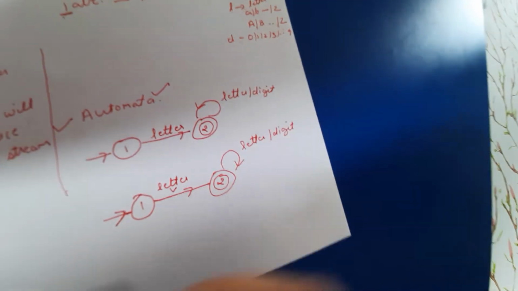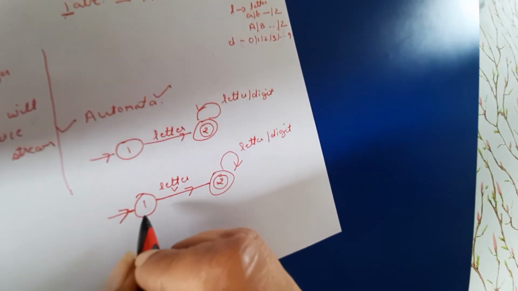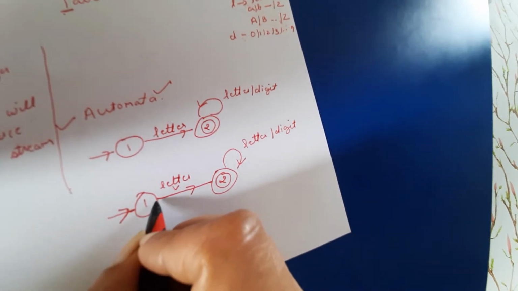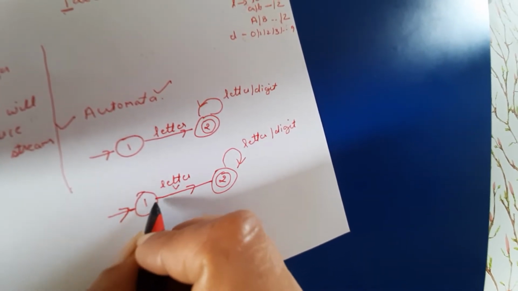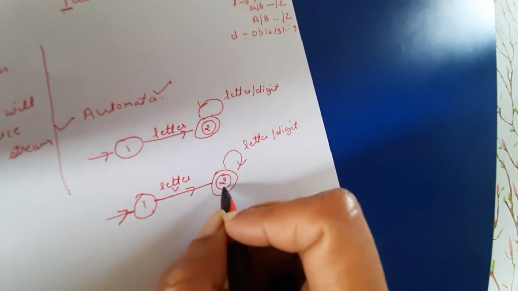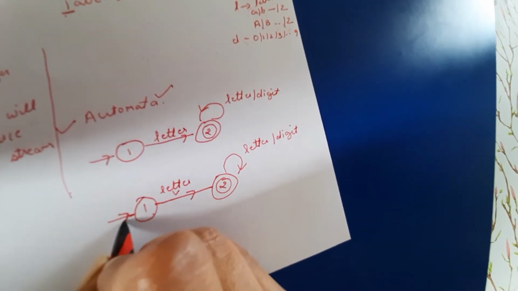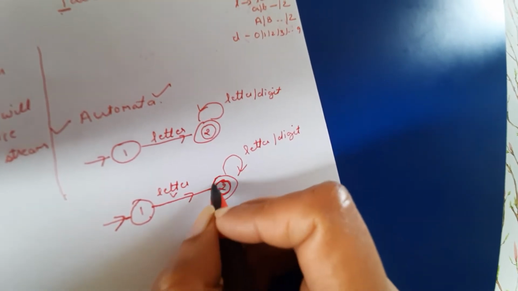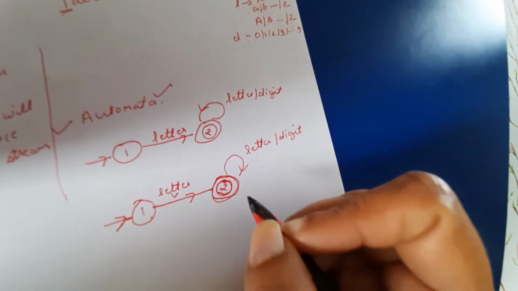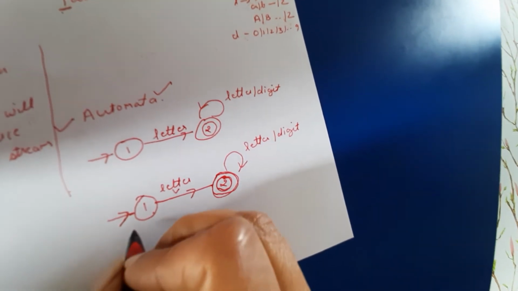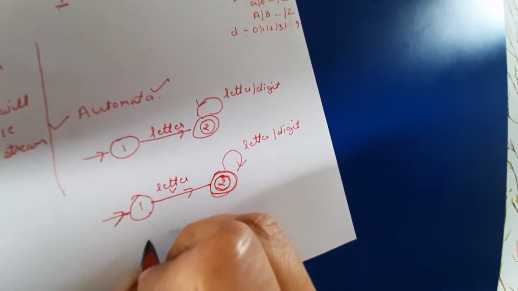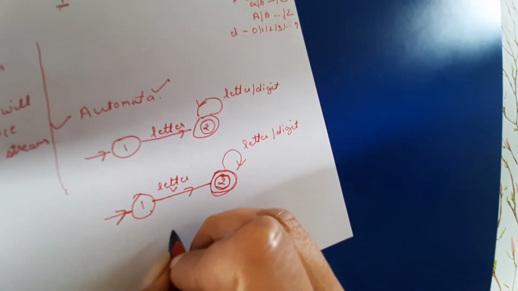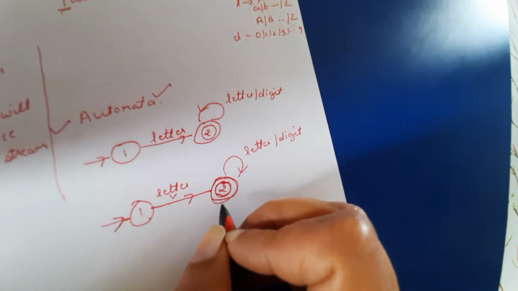This automata means that the first character should be a letter, and the transition will be from state 1 to state 2. The final state is depicted by a double marking of the state. If by inputting the token we are able to reach the final state, that means it is a valid token.